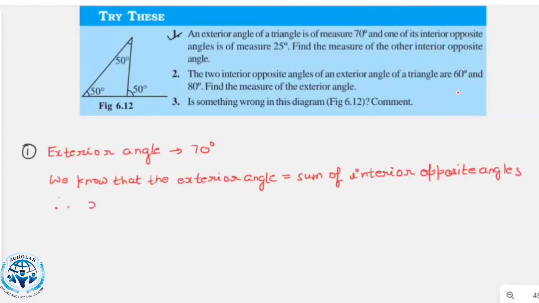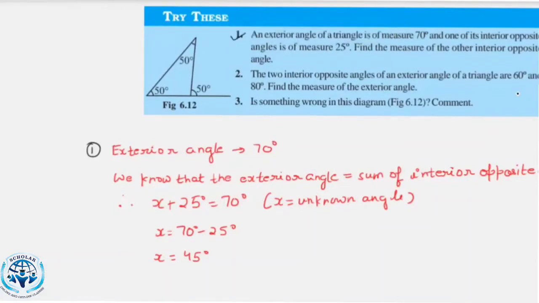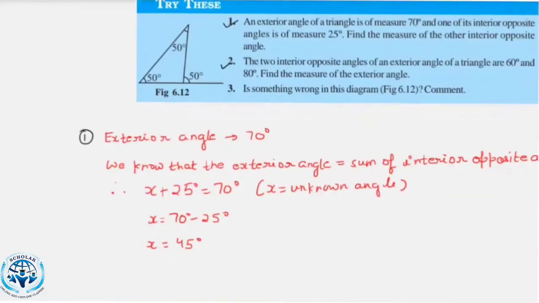Therefore, the unknown angle x will be equal to 70 minus 25 is equal to 45 degree. So the unknown angle is of the measure 45 degree.